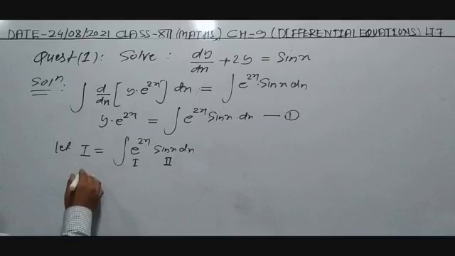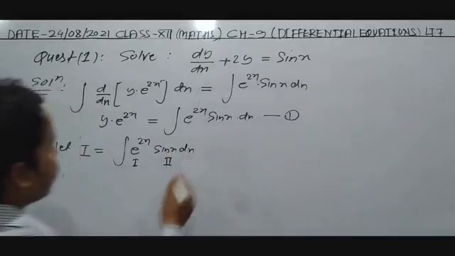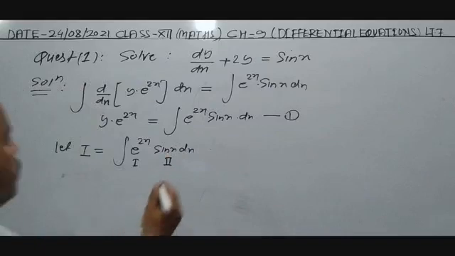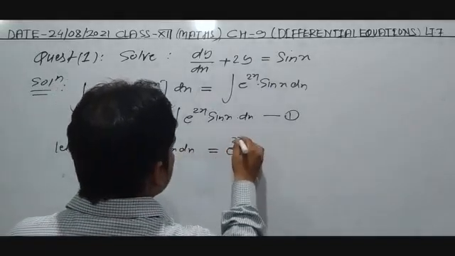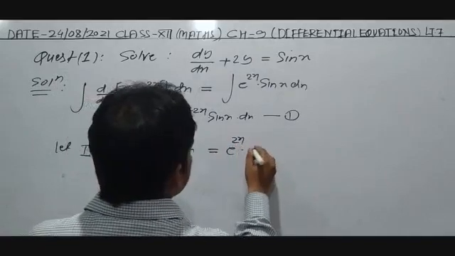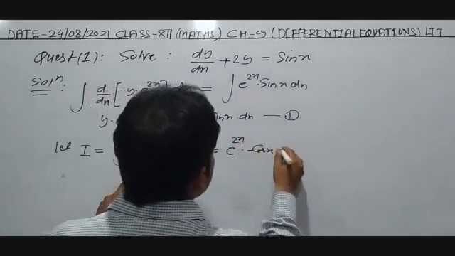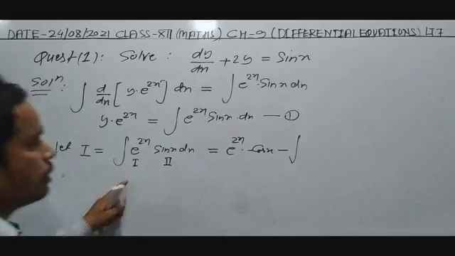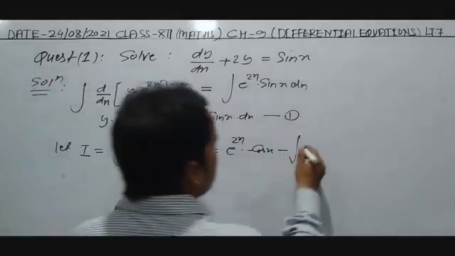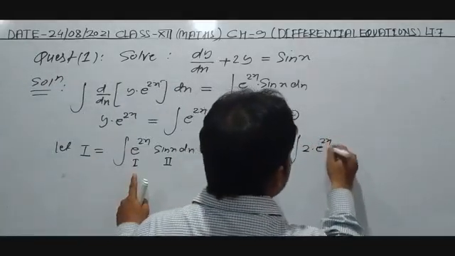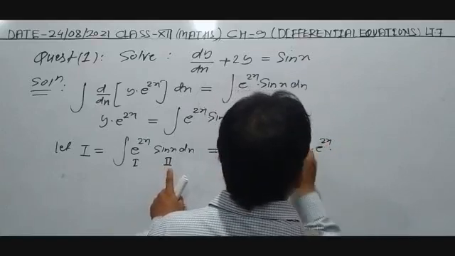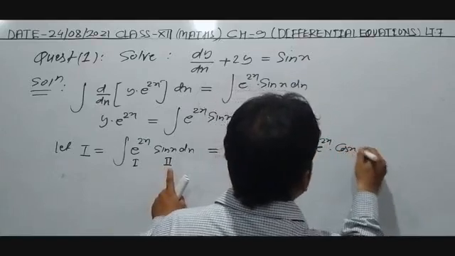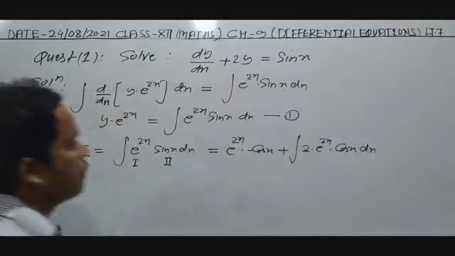You apply this formula. So the result: first function e to the power 2x into integration of second function, that is minus cos x, minus integration of d by dx of first function, which is 2 times e to the power 2x, into integration of second function, that is minus cos x. So this will be plus 2 times cos x, dx.